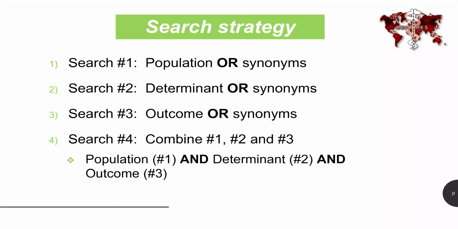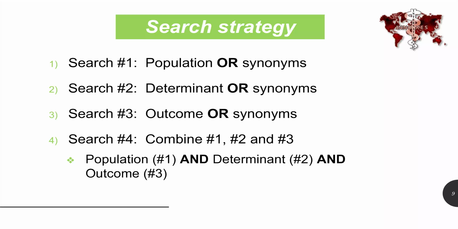For tuberculosis, the synonym could be TB. We usually write TB for tuberculosis. Things like that. Determinant or synonym: rifampicin, isoniazid, and we can find if they have multiple names. Outcome: efficacy. Efficacy also could have multiple terminologies.